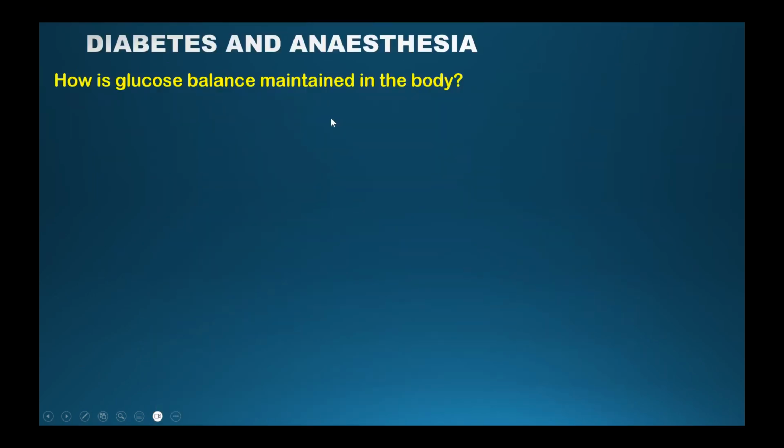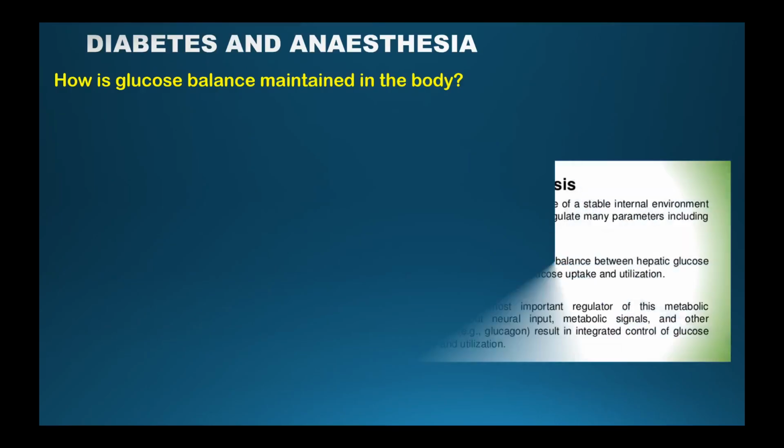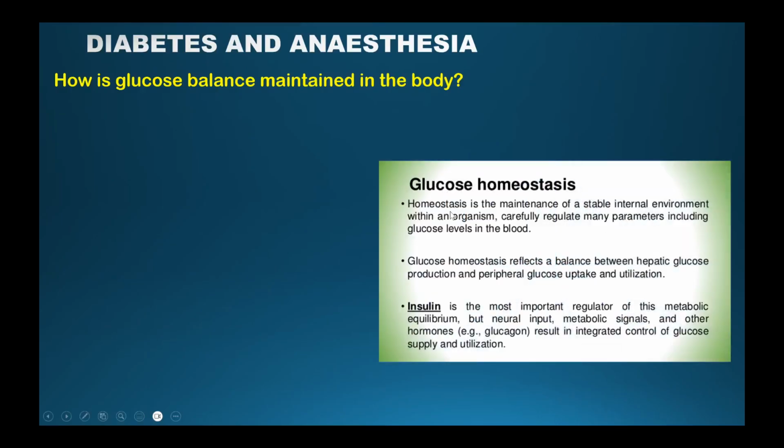How is glucose balance maintained in the body? Insulin and glucose, hepatic glucose production. A stable internal environment in an organism is regulated by insulin, the main important regulator of this metabolic equilibrium.